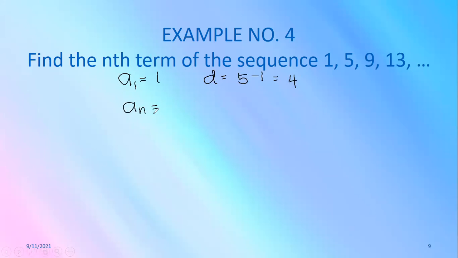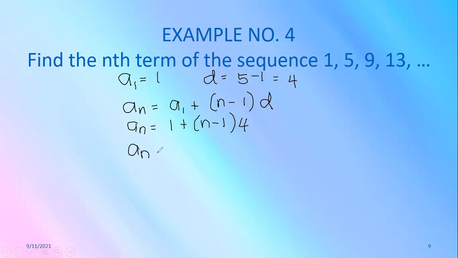Again, the formula for a sub n, looking for the nth term, is a sub 1 plus n minus 1 multiplied by the common difference d. So a sub n is equal to 1 plus n minus 1 multiplied by your d, which is 4.